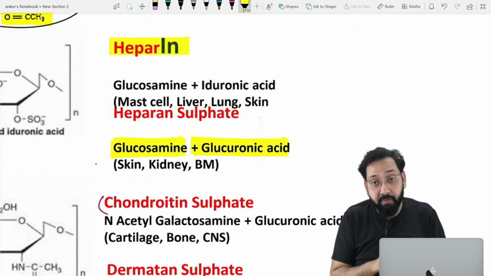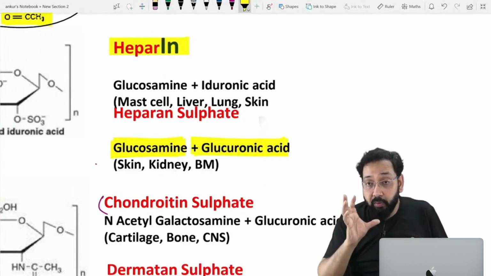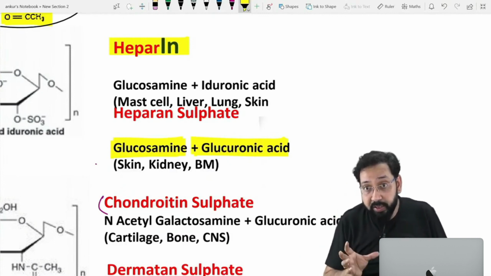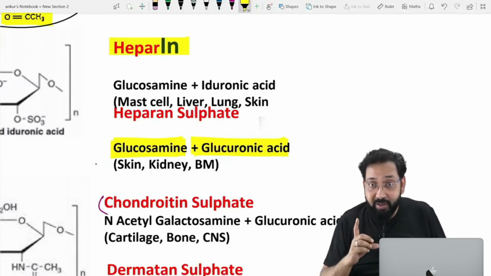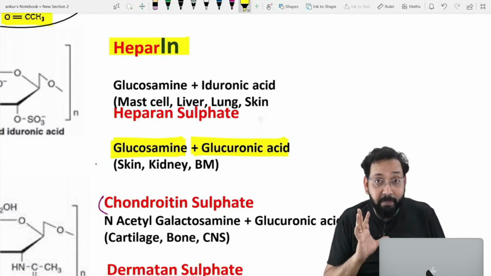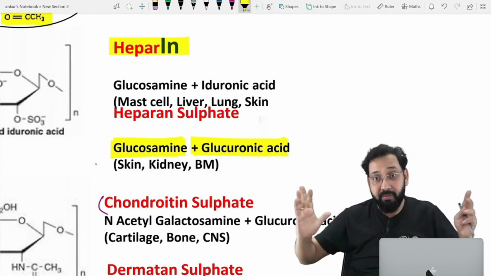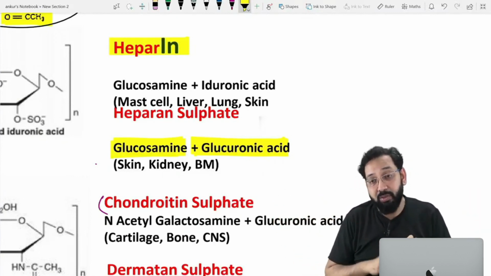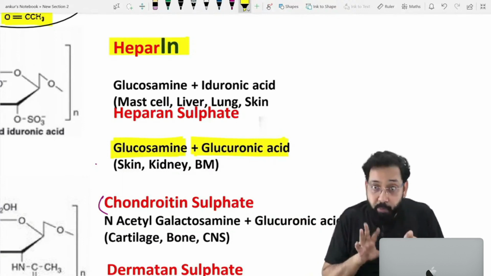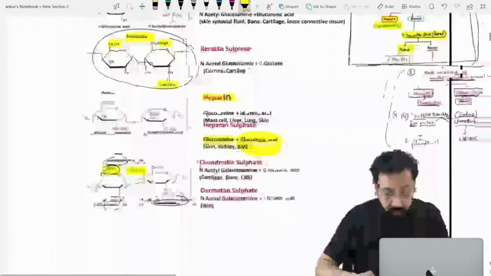Suppose in heparan sulfate 100 molecules of glucosamine are there, and 100 molecules of uronic acid: 70 are glucuronic acid, 30 are iduronic acid. But most of the time it would have glucuronic acid.